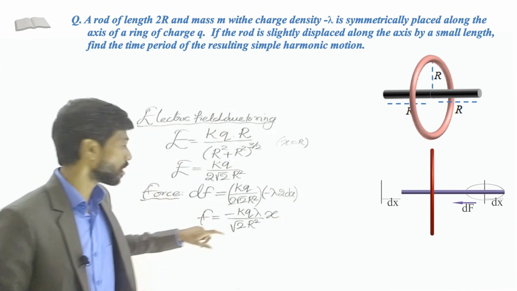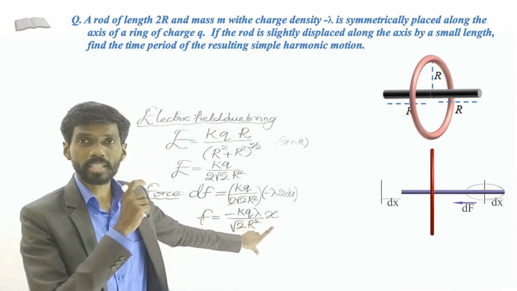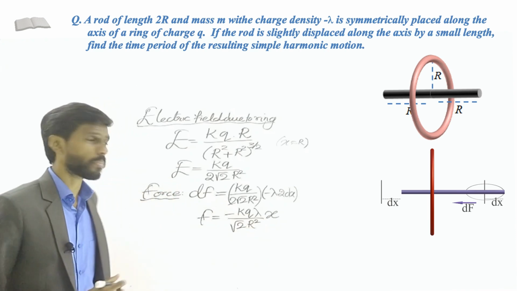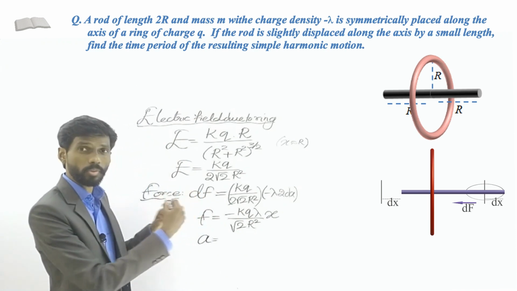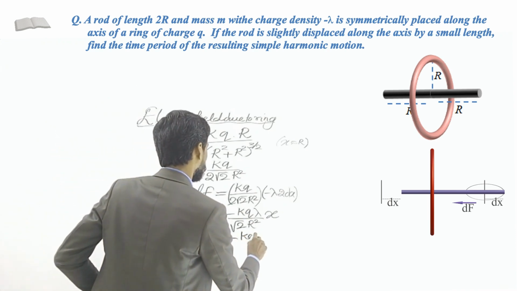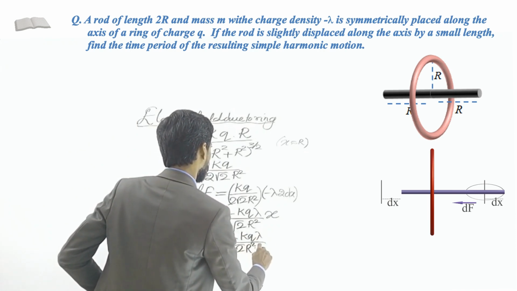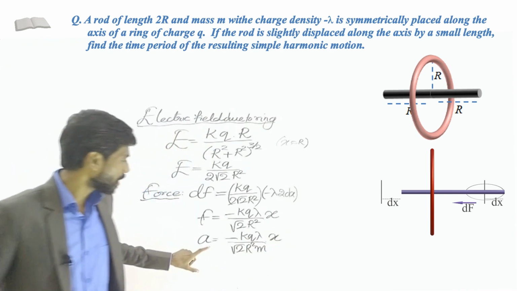So we just do the integration. Now if you observe, the force is proportional to the distance x, so it is a simple harmonic motion. We can write the acceleration by dividing the force by the mass: minus kq lambda divided by root 2 r squared m, multiplied by x. So this is the acceleration.